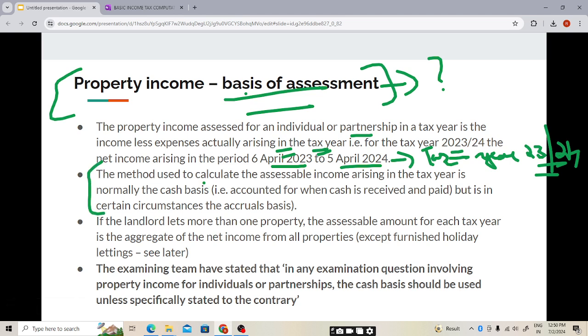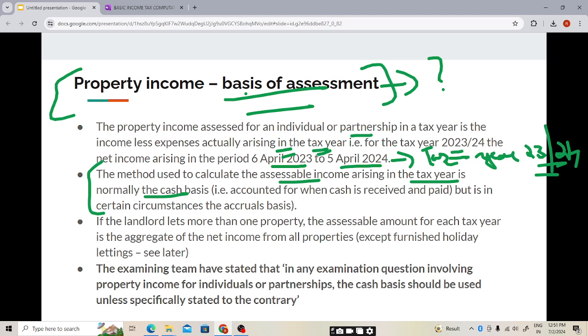The method used to calculate the assessable income arising in the tax year is normally the cash basis. As I mentioned earlier in the introduction, savings and dividend income are taxed on a received basis, so when they are received they are taxed in that tax year. When coming to the non-savings income head, we have many types of income.